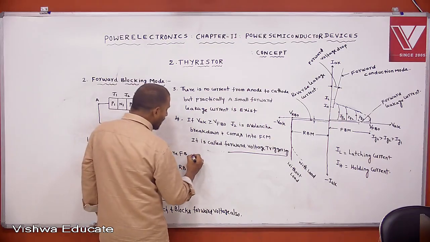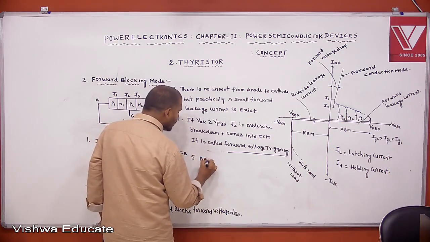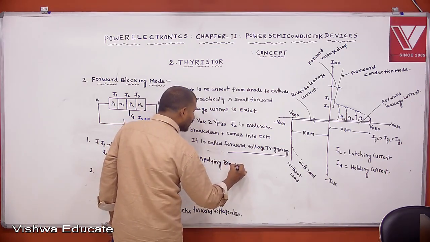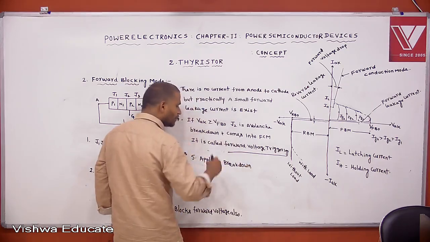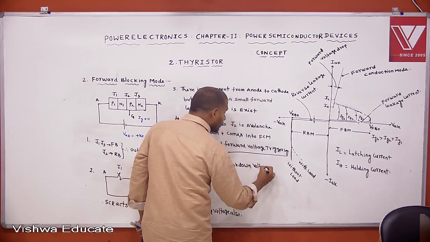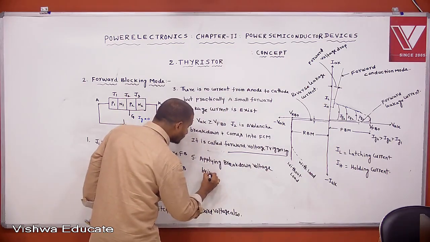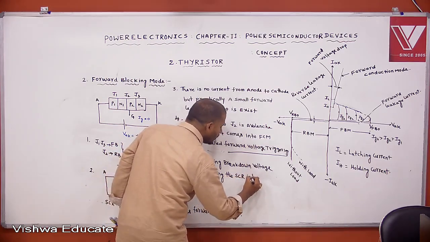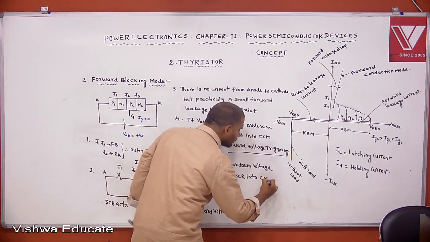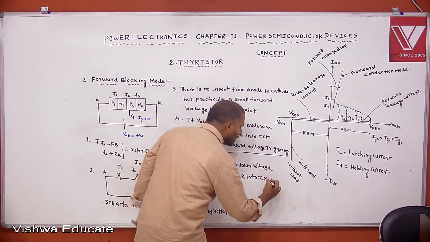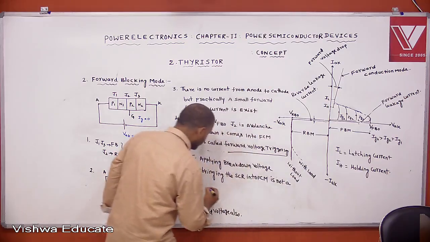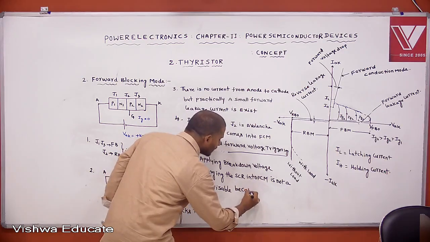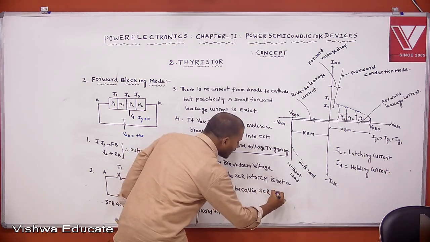Applying forward breakdown voltage to bring the SCR into forward conduction mode is not an advisable process because the SCR may be damaged.